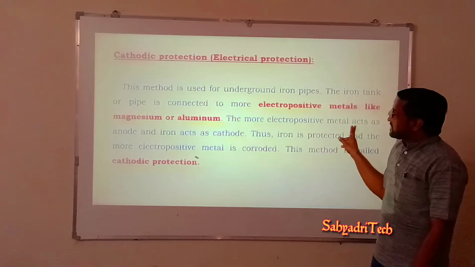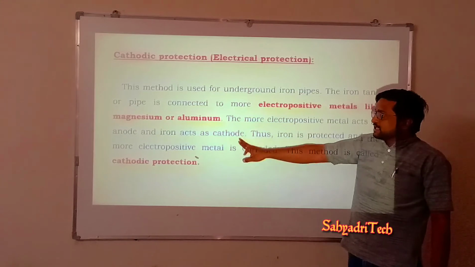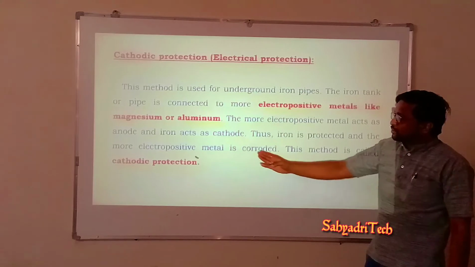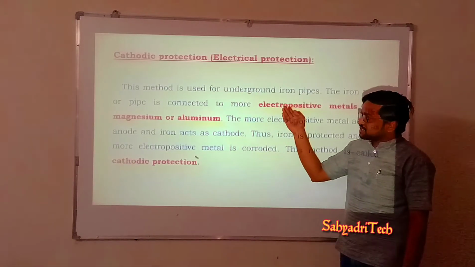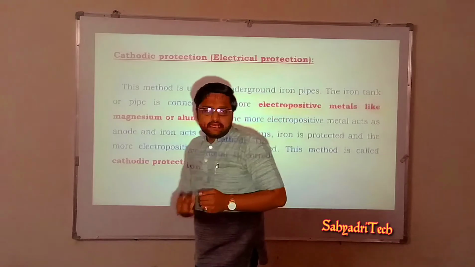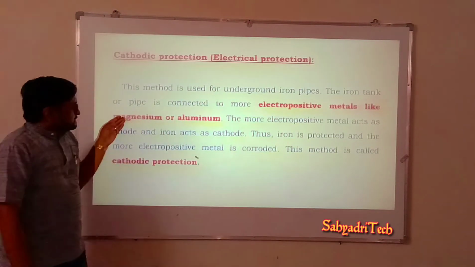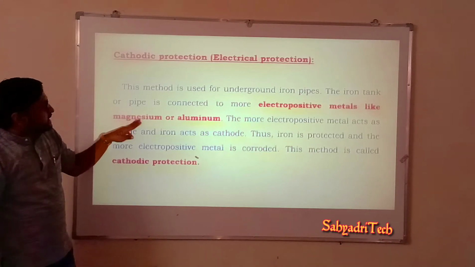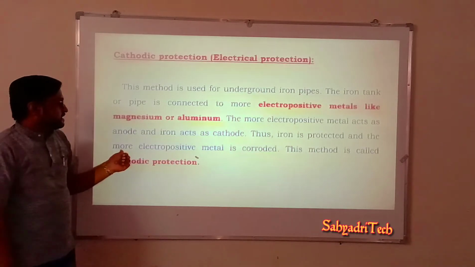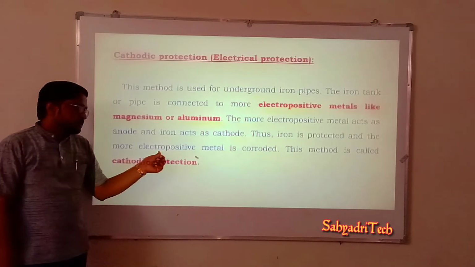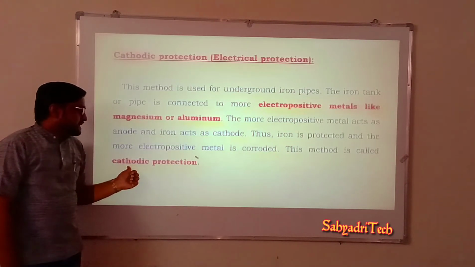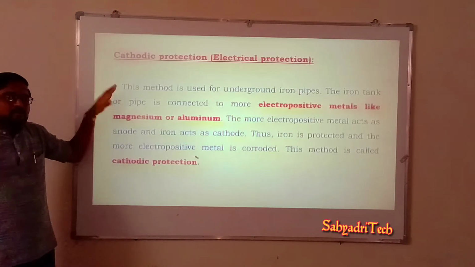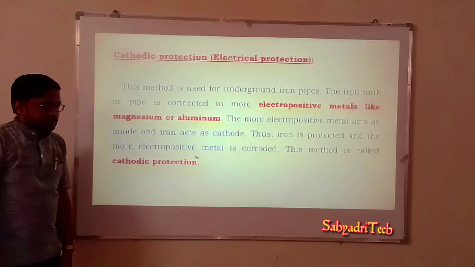The more electropositive metal acts as anode and iron acts as a cathode. Thus, iron is protected and the more electropositive metal gets corroded. Whatever the external surface present, it acts as an anode, so it gets corroded, leaving behind the iron. So iron is protected and the more electropositive metal gets corroded. So this method is considered as cathodic protection. Okay. Well, it also comes under sacrificial protection itself.